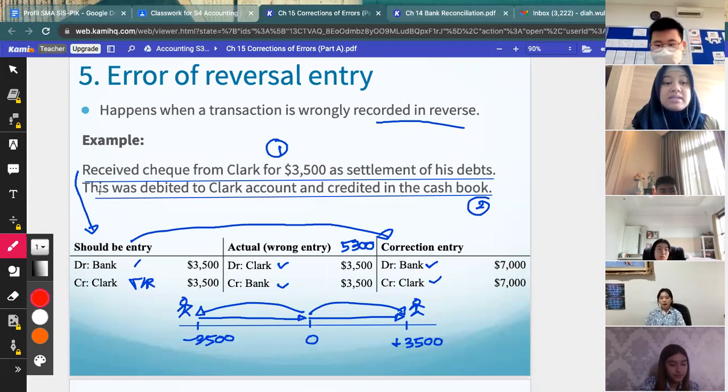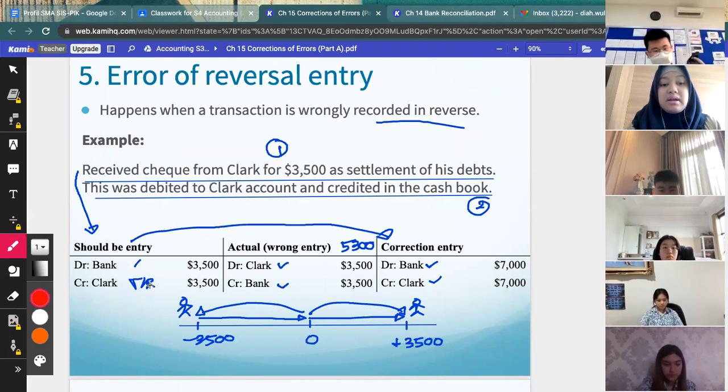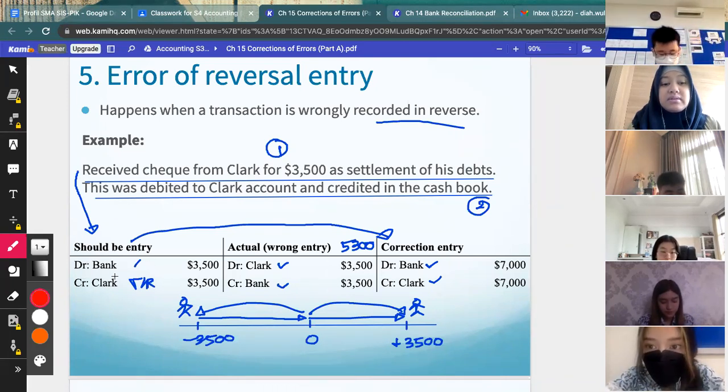First sentence. Second sentence, this was debited to Clark account and credited in the cash book.